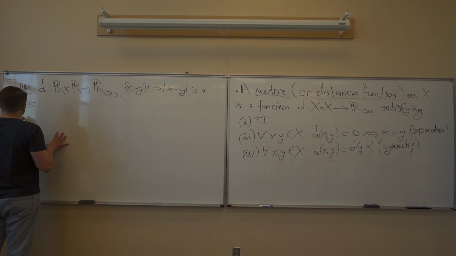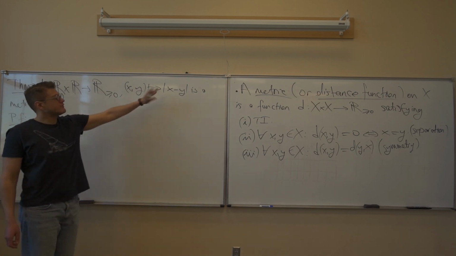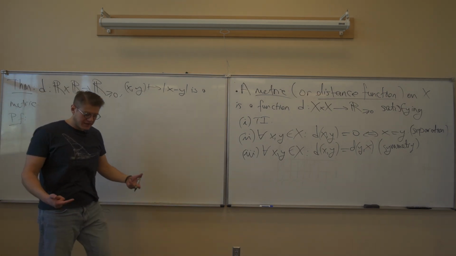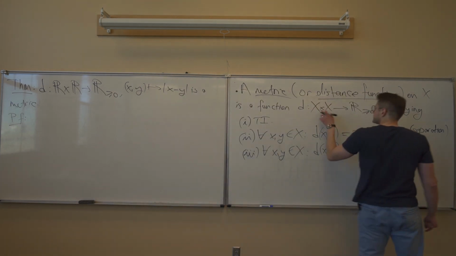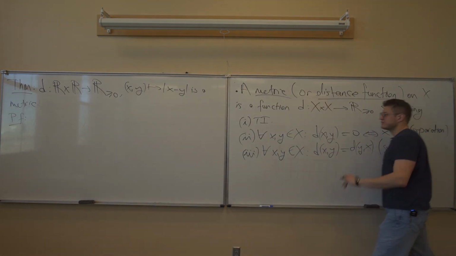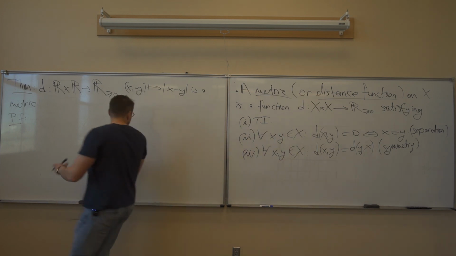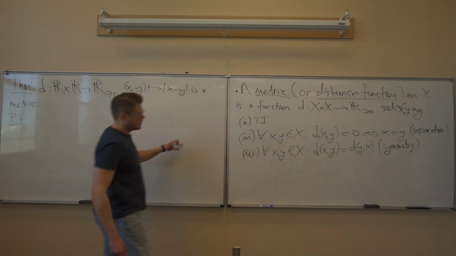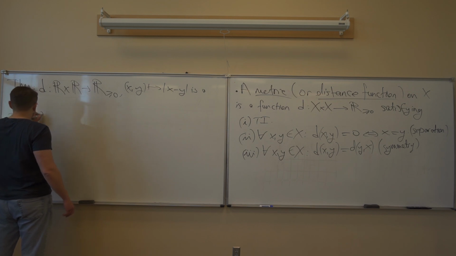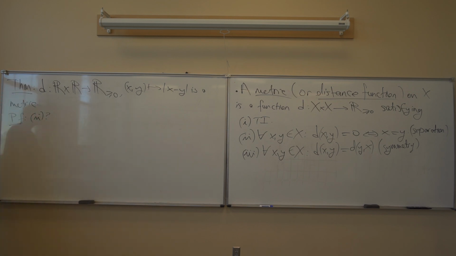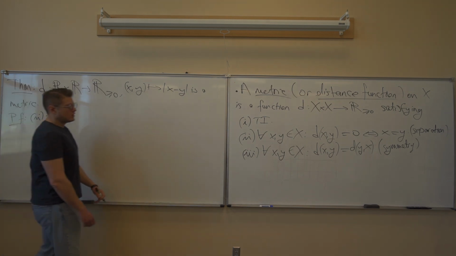And so the proof: certainly, the absolute value function is a function that is never negative. So indeed, it's a function from here to there. That's fine. Triangular inequality? Well, let's do the other two first, perhaps. Let's check item 2.